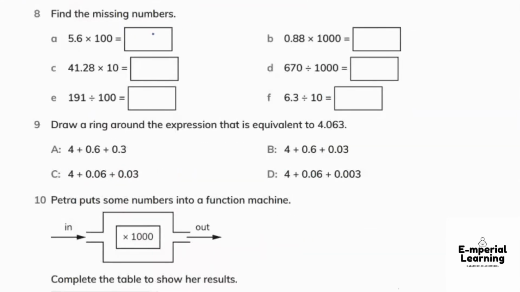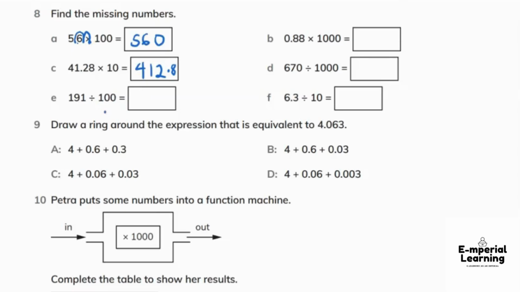Okay, so let's do this. We've already learned that when multiplying by 10 or 100, the decimal point moves to the right by the number of zeros in the 10 or 100 and so on. So 5.6 becomes 560, the decimal point moves to the right 1 and 2. Then we get 412.8.